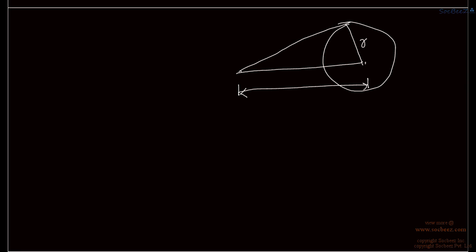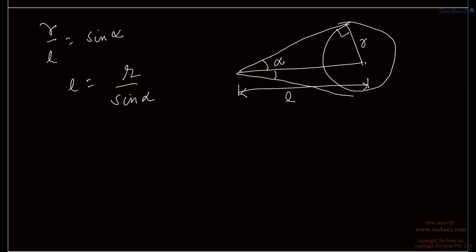Say this is R and this angle is alpha, because since there are two tangents, the full angle is 2 alpha, so this must be alpha, and this is 90 degrees. So this length L, we can write R upon L as sin alpha. So L is R upon sin alpha.